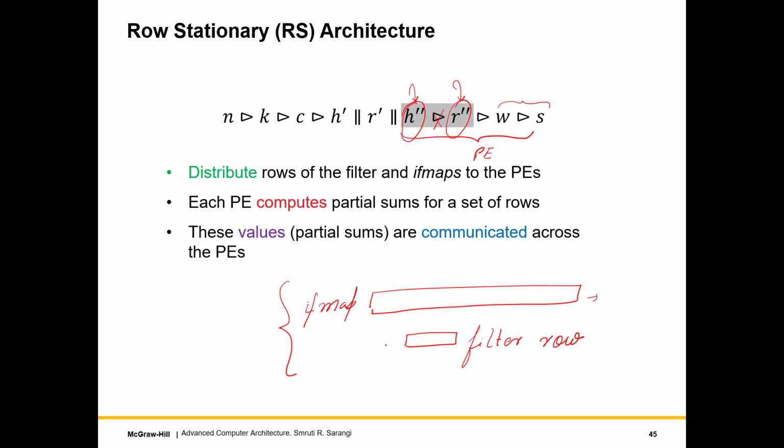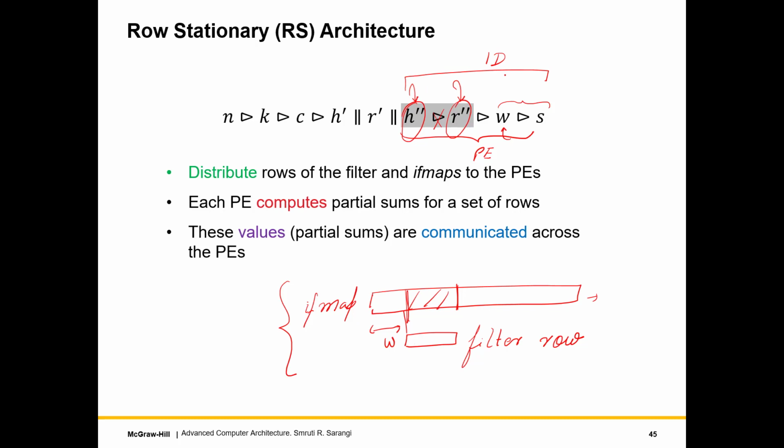So once they are cached, all that this part is doing is placing the filter row at different starting points, which is what W does. And once it is placed at a given starting point, the S iterator computes a 1D convolution between this part of the IF map row and the filter row. So the key point of this part is that this is a one-dimensional convolution.